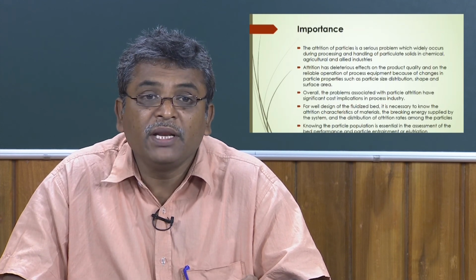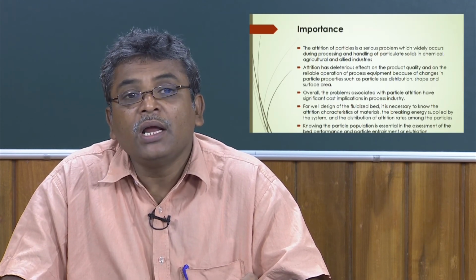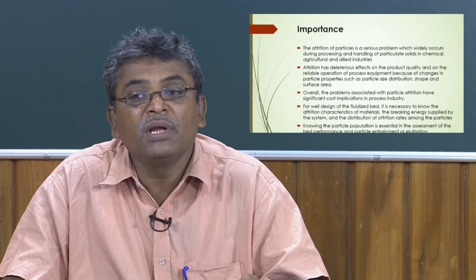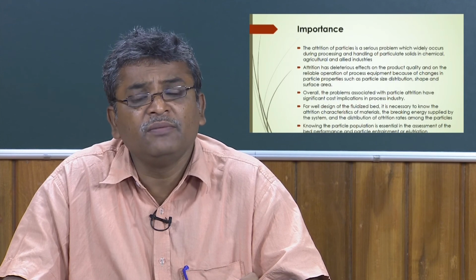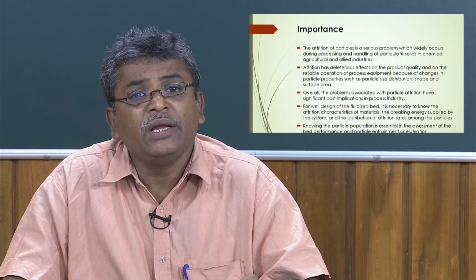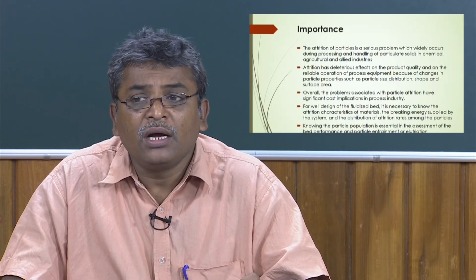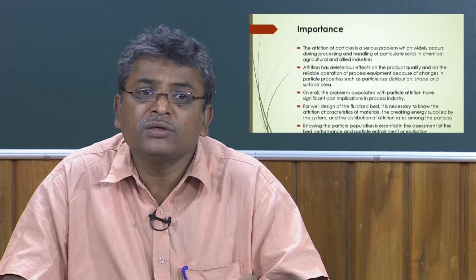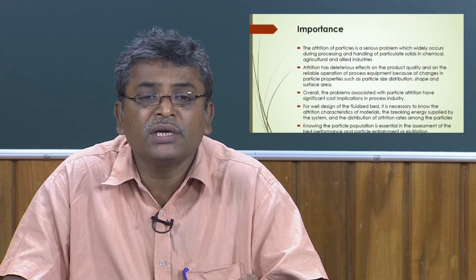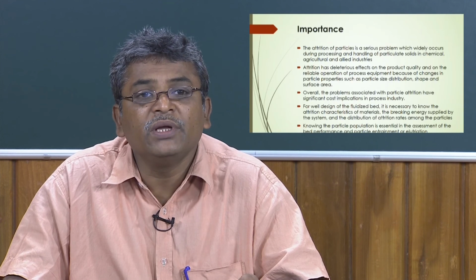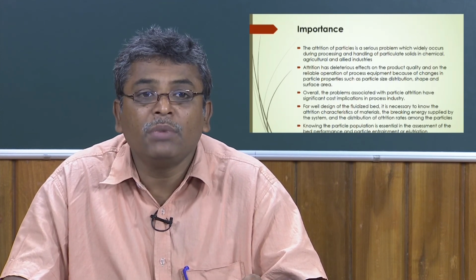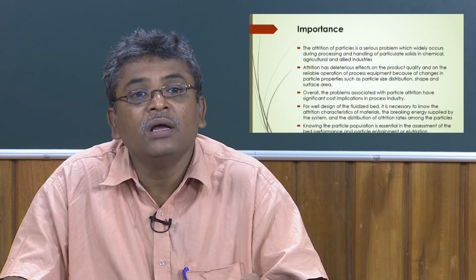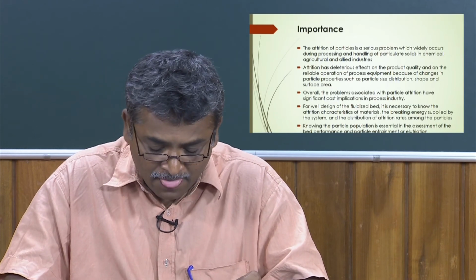Because this is very important, what will be the amount of fine particles coming out from the bed, that is, I think we have discussed in the previous classes, the exit entrainment rate there, and this is coming because of that attrition. Not only attrition, after attrition there will be some mechanism of ejection of the fines by the bubbles whenever they burst at the surface of the fluidized bed.